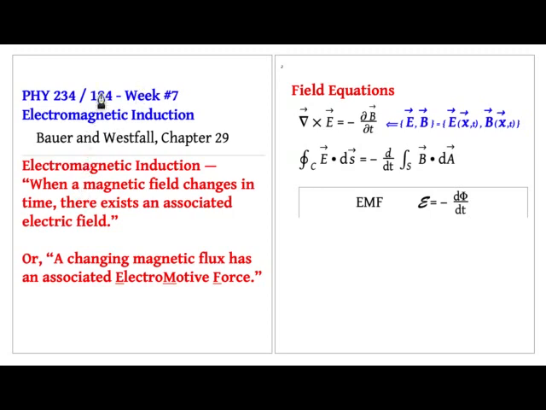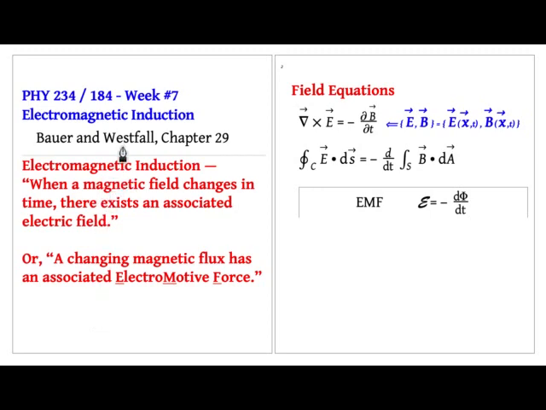Or another way of describing the phenomenon is a changing magnetic flux has an associated electromotive force. Now, you know, electric fields or electromotive force, voltage, is what we need to create electricity, to create electric current.